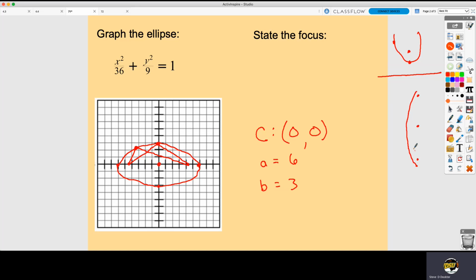All right, now the equation to find the focus. We are going to use our A value and our B value. Let me get rid of this stuff on here so you can kind of see what we're going to do. We're going to draw in a triangle here.